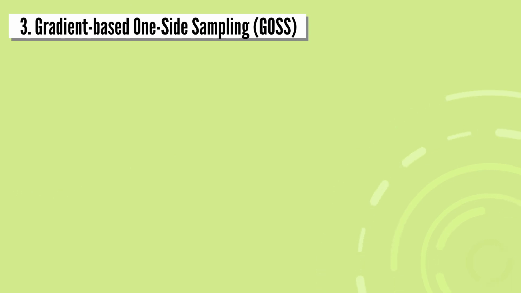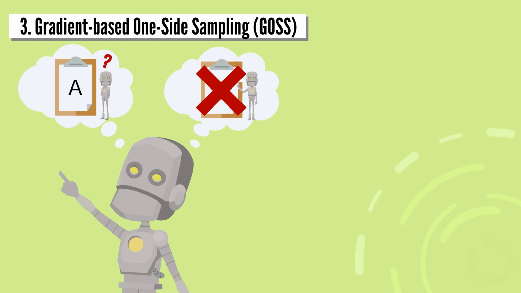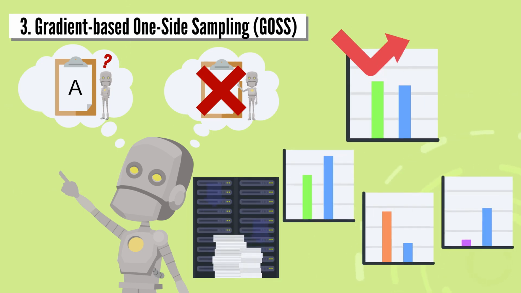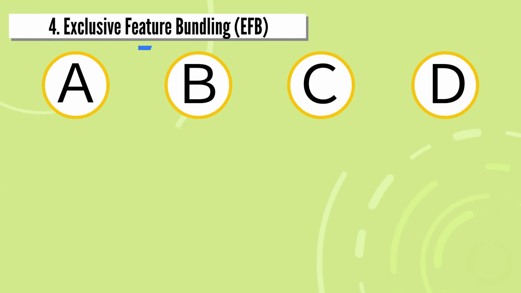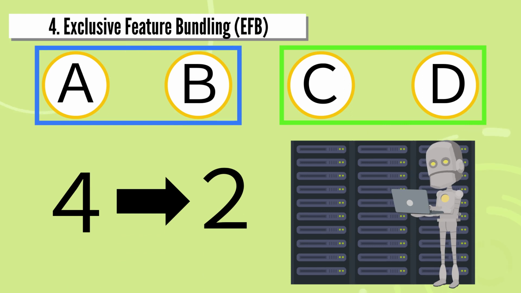Gradient-based one-side sampling. To prioritize learning elements that have not been learned, the amount of training data is reduced by reducing data with small errors and leaving only data with large errors. 4. Exclusive feature bundling. Different feature values are bundled into one without any problem to reduce the amount of computation.